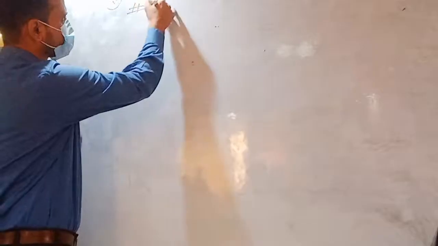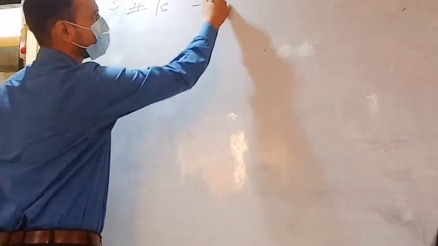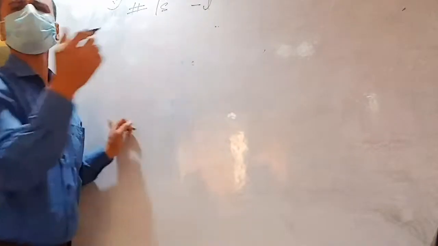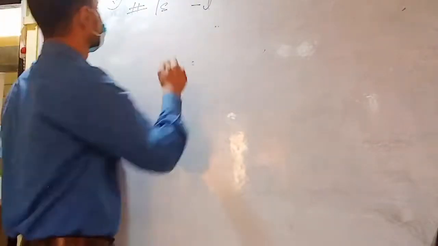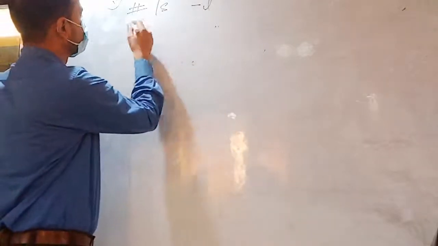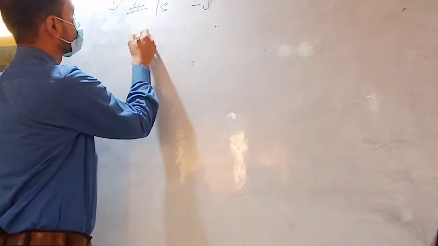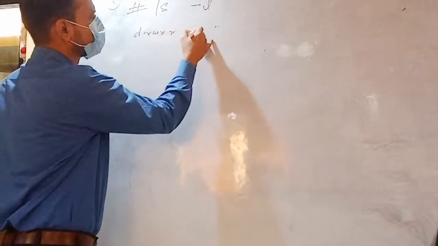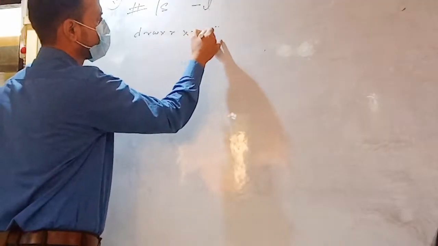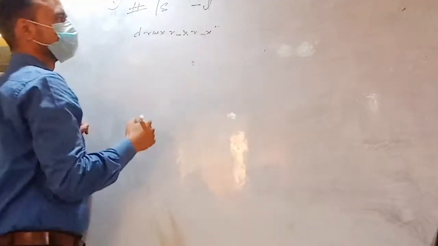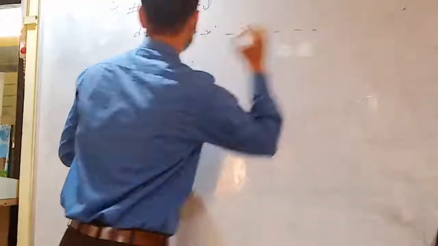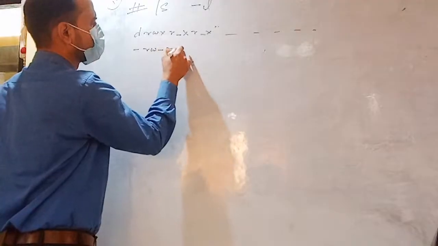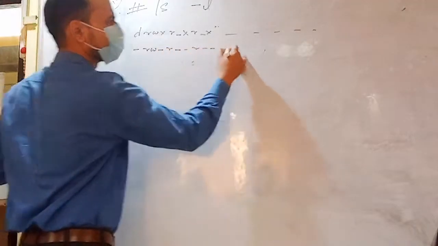If you give this command, ls space minus l, suppose that there are one file and one directory. Then you will get like d r w x r x r x, and r w dash r dash dash r dash dash like this.